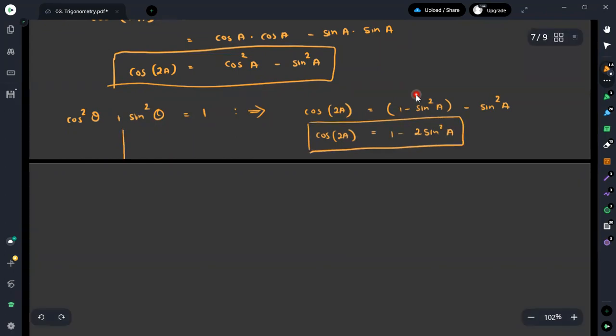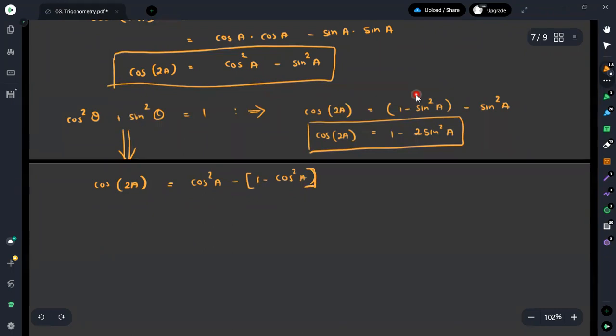And again, using the same equation, what you can obtain for cosine 2a is cosine squared a minus sine squared a. Therefore, instead of sine squared a, again we can substitute for sine squared theta. For this part, it will be 1 minus cosine squared a.